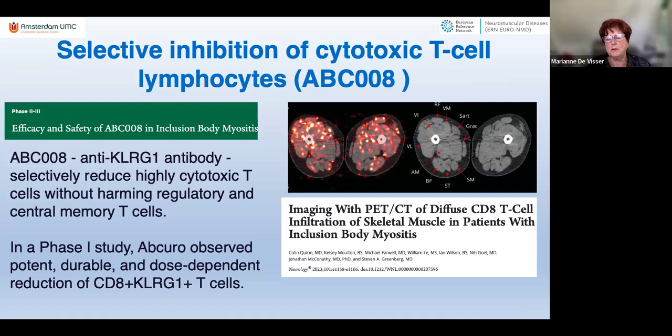This was proven in a phase 1 study, and after that a phase 2, phase 3 study started, in which imaging with PET-CT made it possible to identify the CD8 T cell infiltration in skeletal muscle, and to use it as a marker.